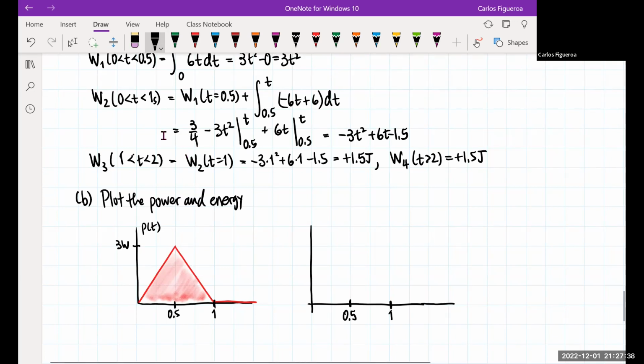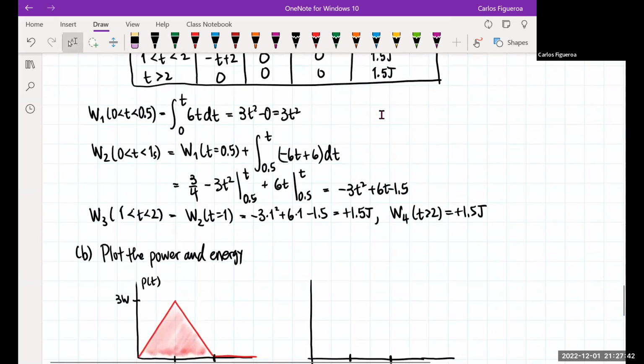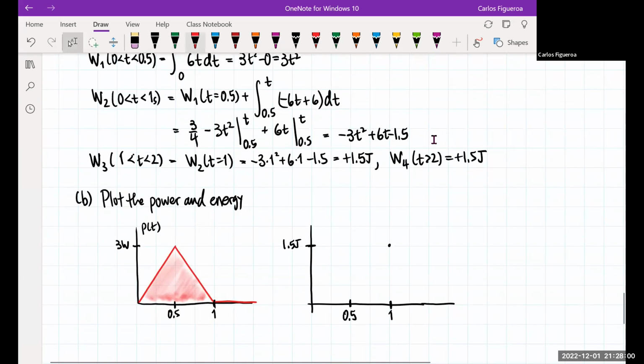We see that the maximum energy is 1.5 joules. So if I look at this thing, I'm going to go 1, 2, 3. I'm going to come up to here. And this is going to be 1.5 joules. So I know that when I get to 1 second, that has to be the maximum energy. So at this point, I should have a constant line.